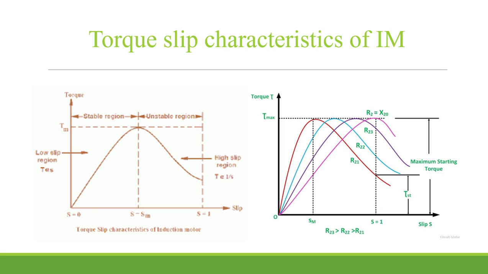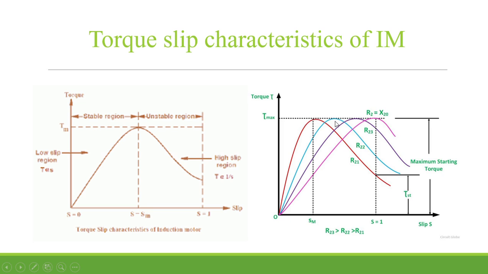This is the maximum it reaches at some slip where S equals Sm in the medium slip region. When resistance is small, we get this maximum torque very early. When we increase the resistance, we get the maximum torque after some time, but the value of maximum torque is the same for all values of resistance.